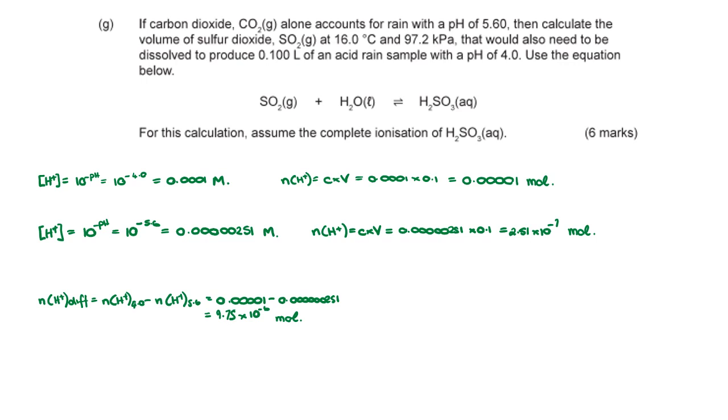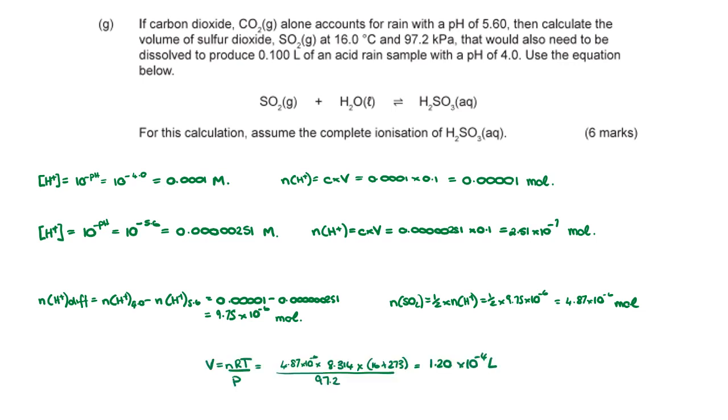Well, we've got to work out the number of moles of SO2, and it's important to remember that sulfur dioxide is 1/2 the number of moles of hydrogen ions, because each sulfurous acid has 2 hydrogen ions involved in it. So there's our answer for the number of moles, and we just do V is nRT on P, and it comes to be 1.2 times 10 to the minus 4 litres.